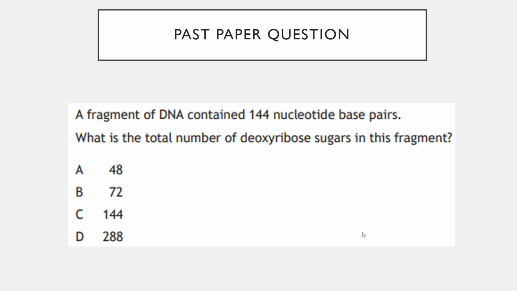Pause the video and choose your answer. The correct answer here is D. Remember, it's 144 pairs, so 144 nucleotides in one strand, 144 on the other, and each nucleotide will have its own deoxyribose sugar. So it's a total of 288.